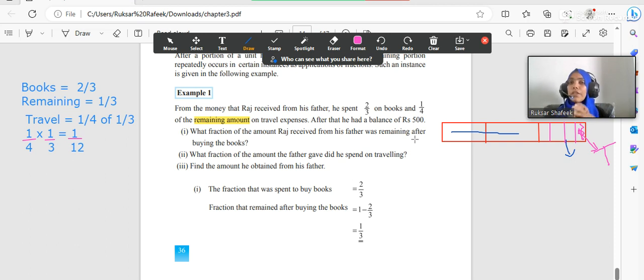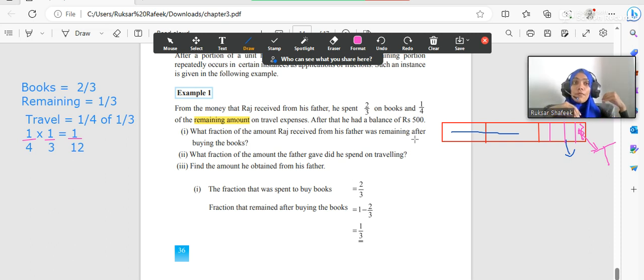Now remember, we've not read the question yet, but to understand the question, we have written down whatever we've understood. While you do that, you're actually figuring out the answer even before you read the question. That's how fractions work.